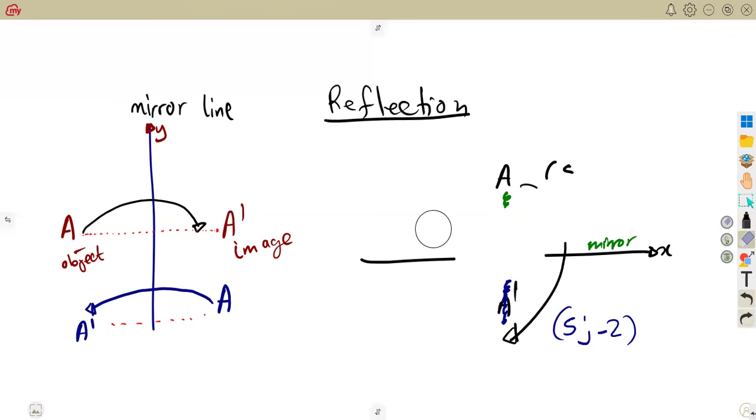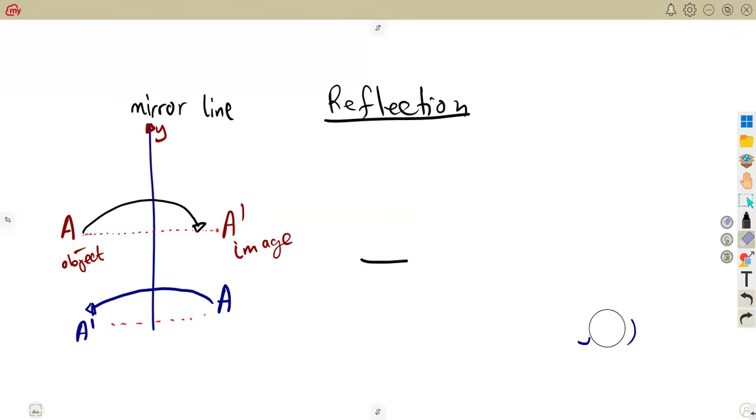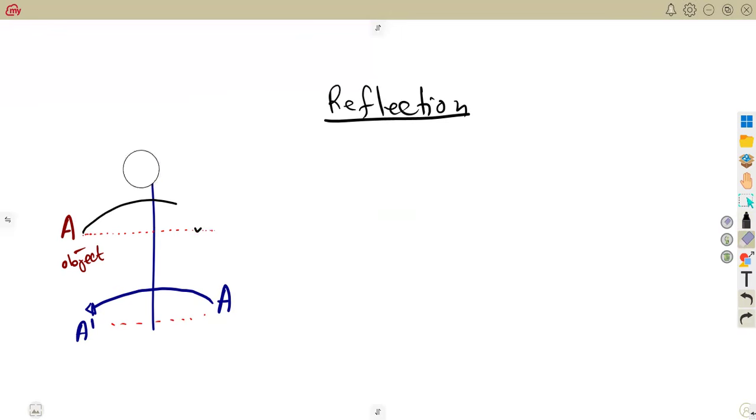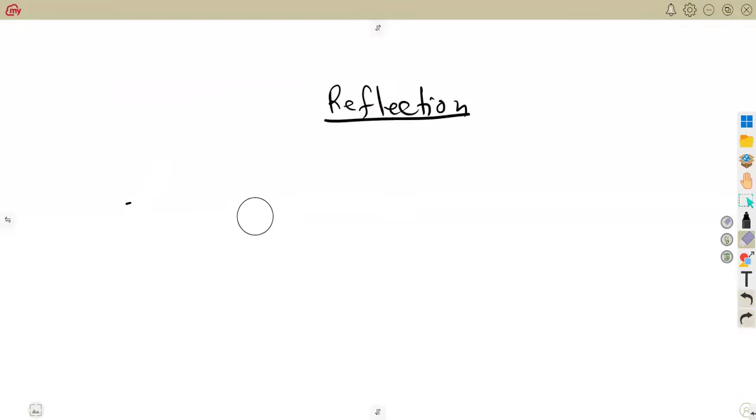So this all calls for the rule that we can use. Well, there are so many things that we can actually learn about this transformation. A lot. So without wasting much time, I need us to just consider the general rules. Okay, so what will be the general rules of our reflection?